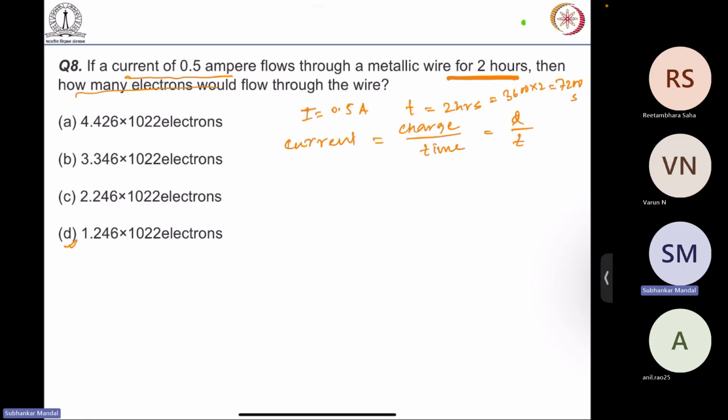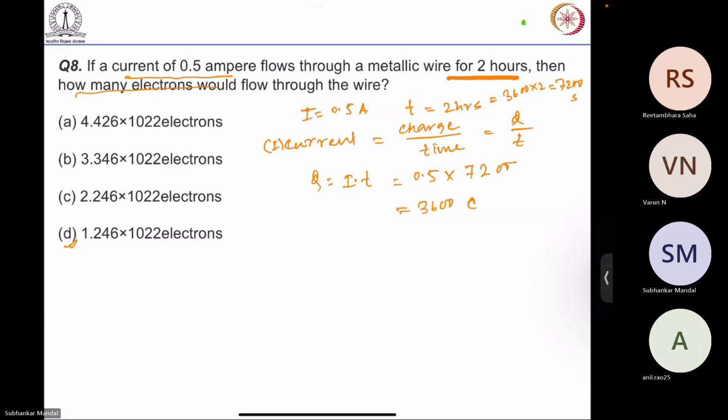Here you can write Q is equal to I into T. What will it be? 0.5 into 7200 coulomb.